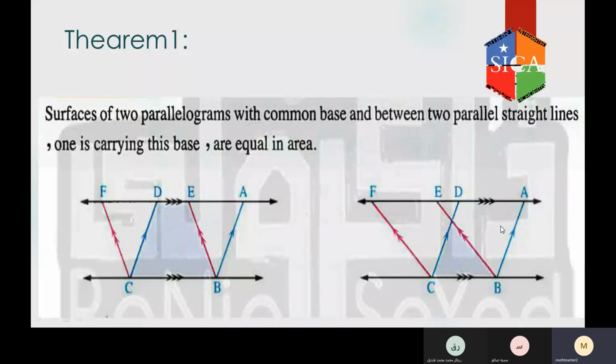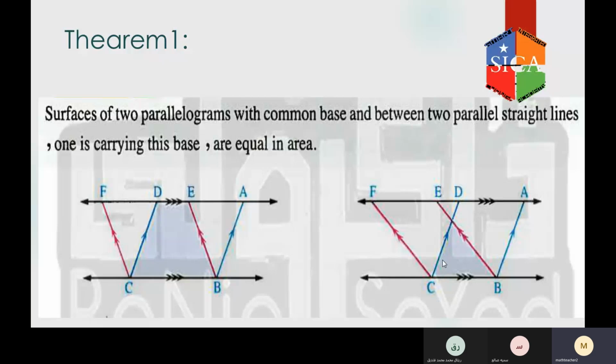and between two parallel straight lines, AF, a straight line, and BC, another straight line, AF parallel to BC, and the two parallelograms have a common base, which is BC. Then the two parallelograms are equal in area.